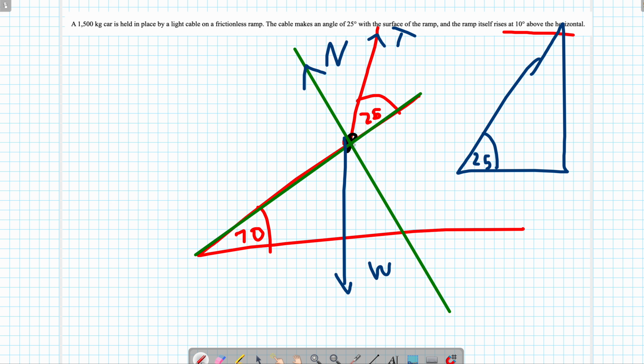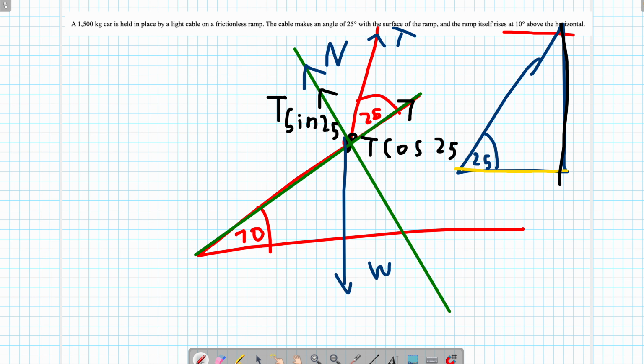So the horizontal component will be T cosine 25. And then there will be a vertical component. Since it's opposite to the 25, it's gonna be T sine 25.